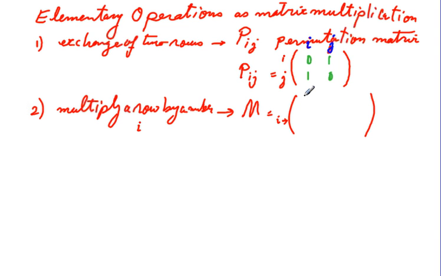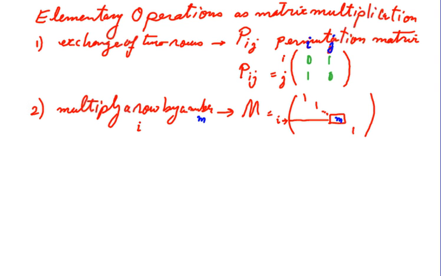Everything else is just 1 on the diagonal, except that in this location, what entry do we see? Whatever number. So if this was number M, in that location you see that number M, everything else is the same as before. These are things we practiced last time.